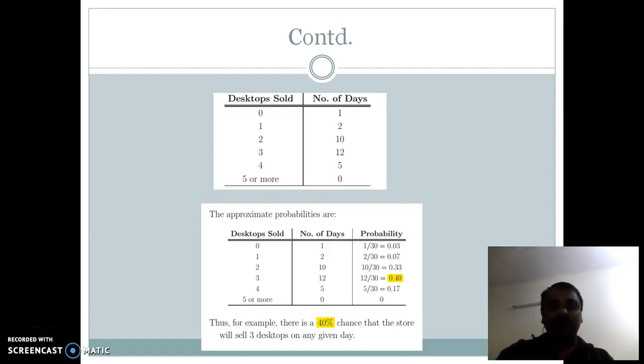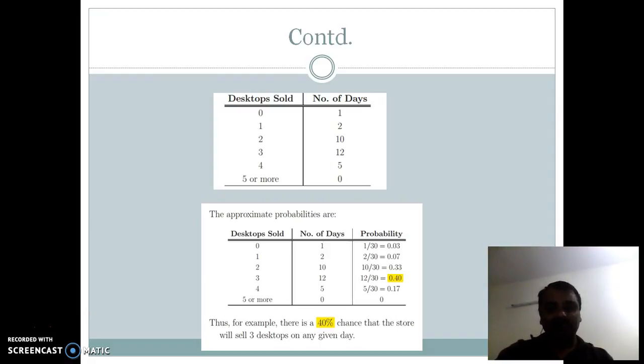Now the approximate probabilities. Please note, we are saying approximate probabilities. The approximate probabilities are: 0 desktops sold, 1 by 30; 1 desktop sold, 2 by 30; 2 desktops sold, 10 by 30; 3 desktops sold, 12 by 30; 4 desktops sold, 5 by 30; 5 or more desktops sold, 0.